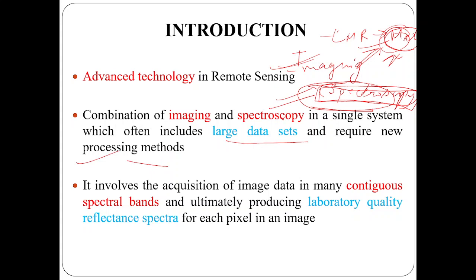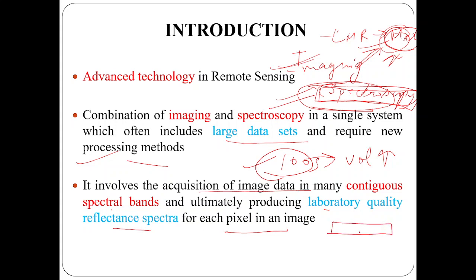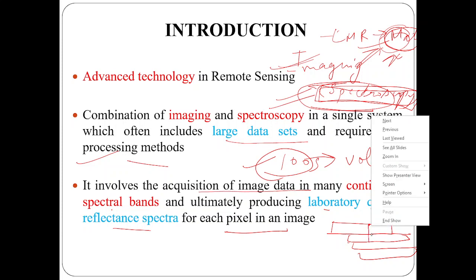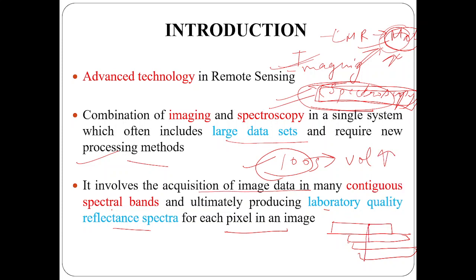When hyperspectral comes into account, it will consider around hundreds of bands. When hundreds of bands come into the picture, it will automatically increase the volume of the data set. It involves acquisition of image data in many contiguous spectral bands, ultimately producing laboratory quality reference spectra for each pixel in an image. So this is an image, and it will contain multiple spectral bands like a stack, and one pixel will give you around 100 values.